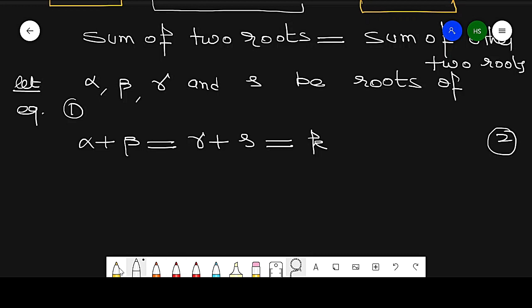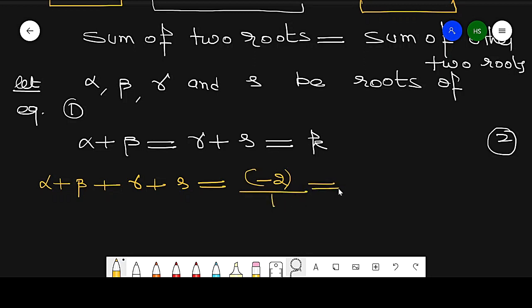Remember that. Now using the sum of roots, alpha plus beta plus gamma plus delta is equal to minus the coefficient of x raised to power 3, which is minus 2, over the leading coefficient, which is 1.